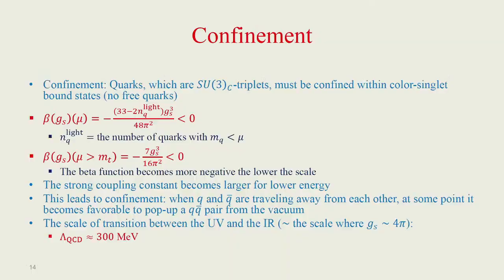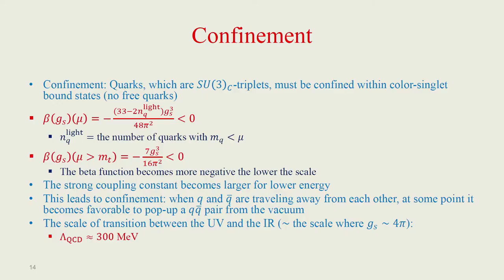I will not go into the details of confinement, but we have a qualitative understanding of why we don't see free quarks. You take a quark and antiquark, and try to make them distant from each other.